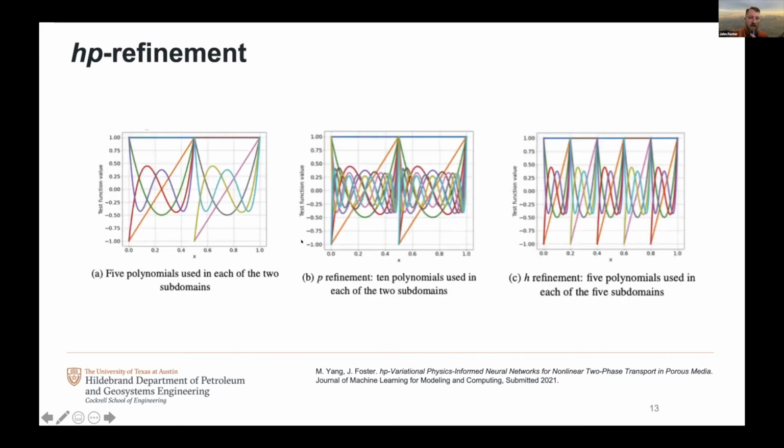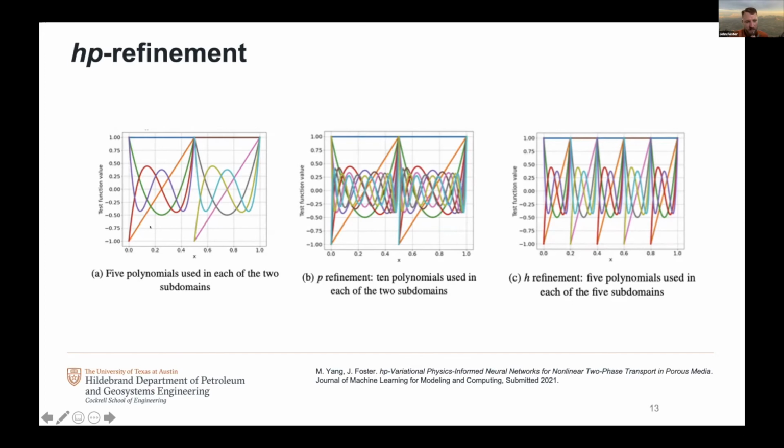And this is what we mean by h or p refinement. The test functions Vj in the previous equation represent polynomials. We can either have more subdomains that we compute the integral over, or we can include more polynomials. More subdomains would be h-refinement, more polynomials would be p-refinement.